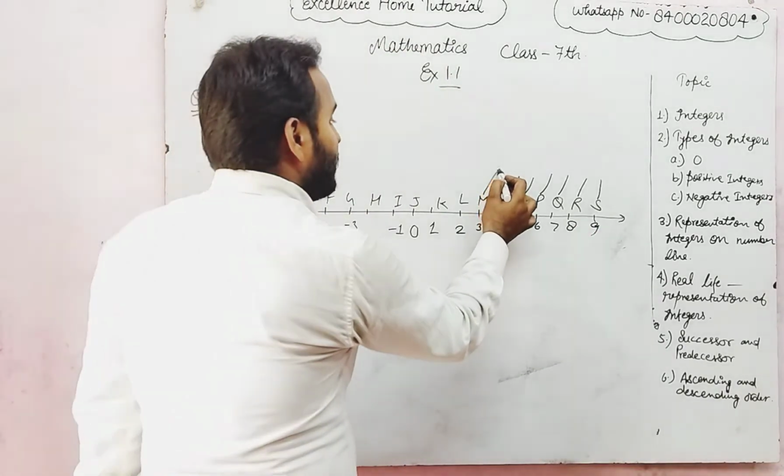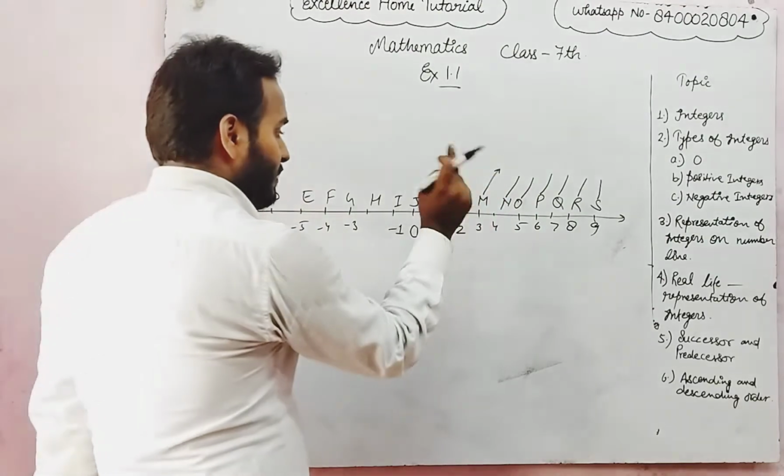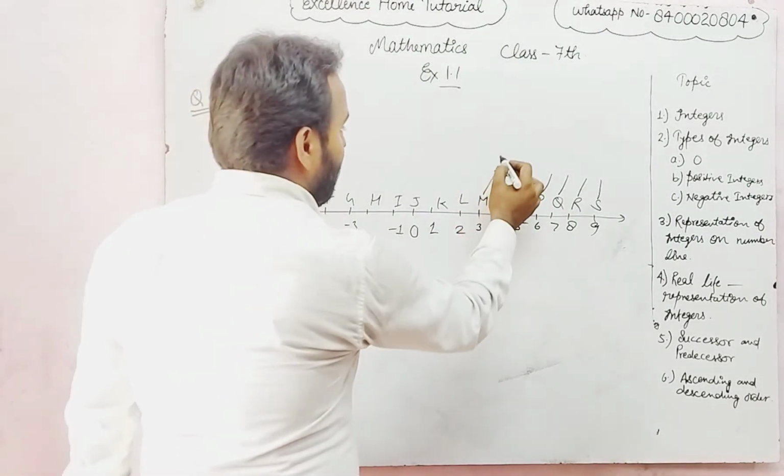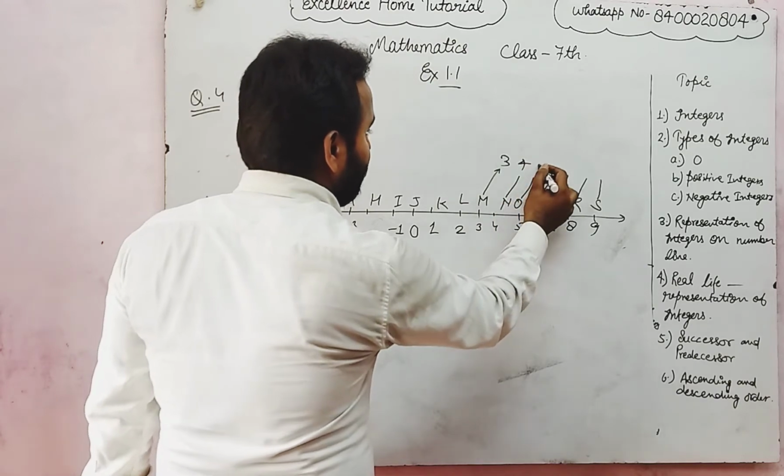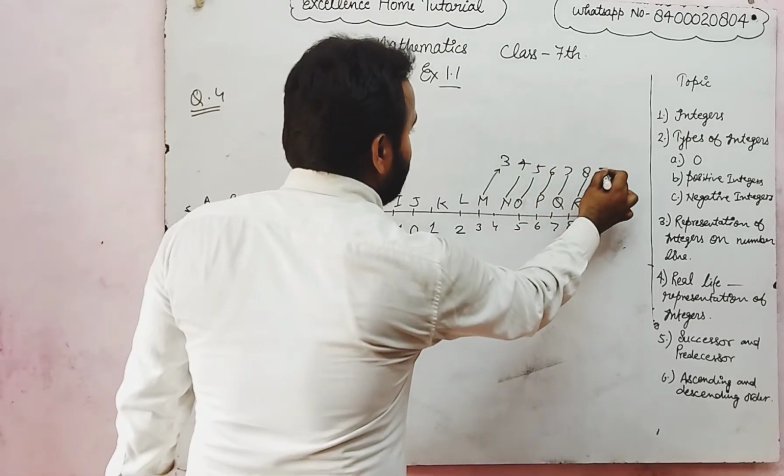So the integer represented by M is 3, then N is 4, 5, 6, 7, 8, 9.